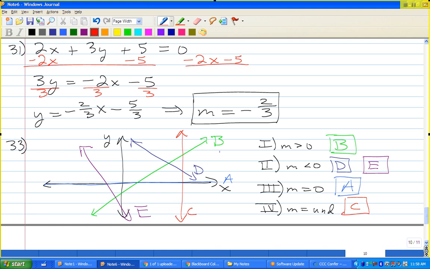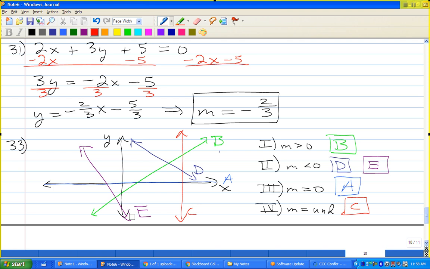Any questions about that? So you should read graphs going left to right. Notice that D has a slope that's negative because it is going down if I read left to right. And similarly, E has a slope that's negative because it's going down when I read it left to right.